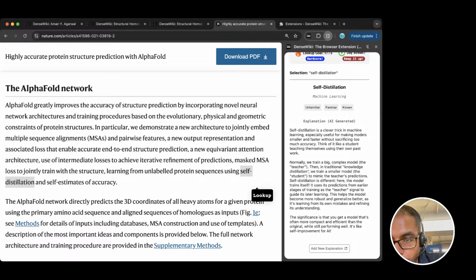Self-distillation is different. Here the model trains itself. It uses its predictions from earlier stages of training as a teacher signal to guide its later learning.